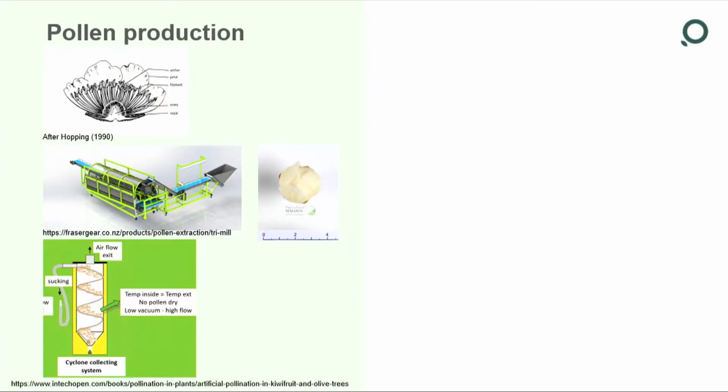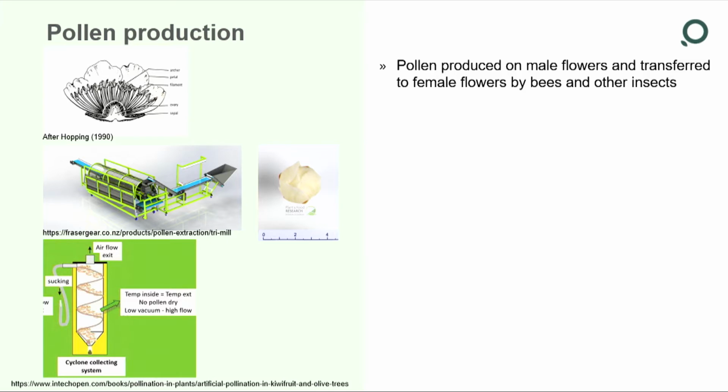And the reason for that is part of the pollen production methods, which I'm sure a lot of you are aware of, but this is just a revision of those processes. So pollen in kiwifruit is produced on male flowers and transferred to female flowers by bees and other insects. The male flowers are harvested at the popcorn stage.